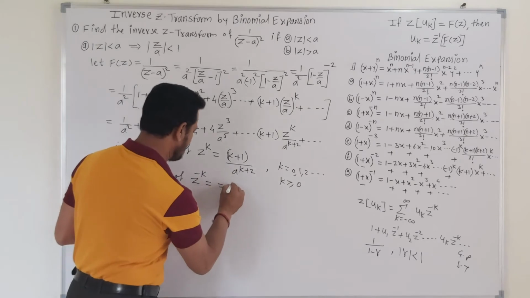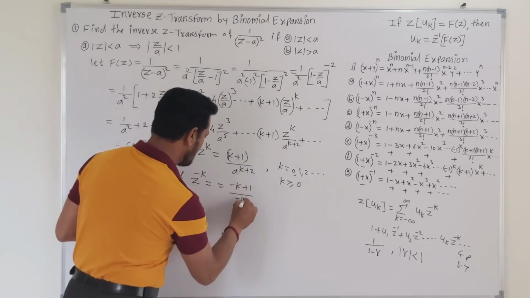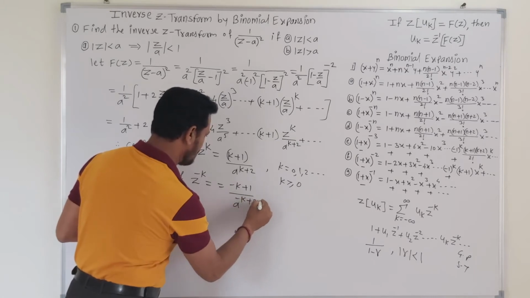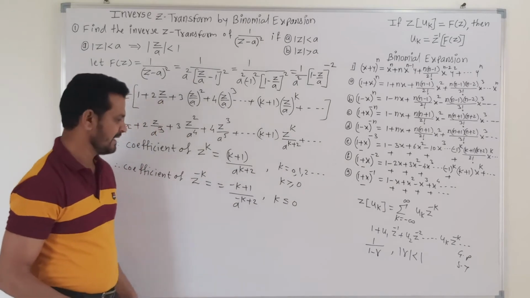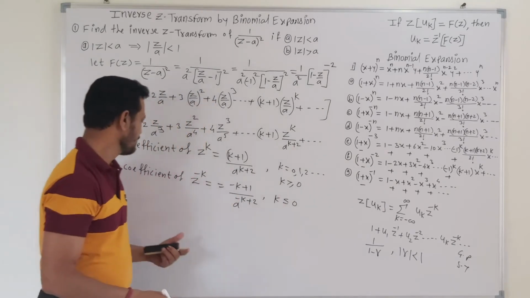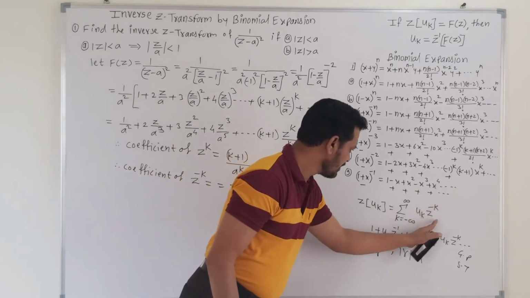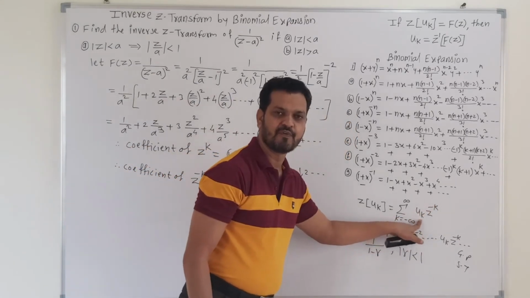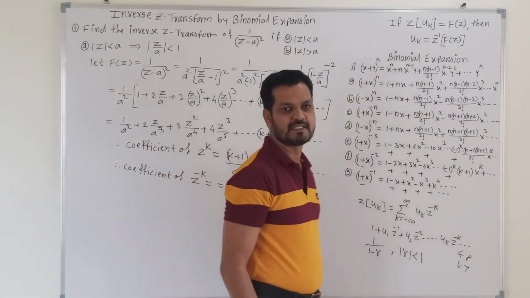So we can write this as minus k plus 1 upon a raised to minus k plus 2. Then when we multiply by minus, this inequality will get changed. So in this way we get the value of the coefficient of z raised to k, and we know that the coefficient of z raised to minus k indicates the value of uk. Uk means sequence, and which is the value of the inverse z transformation.